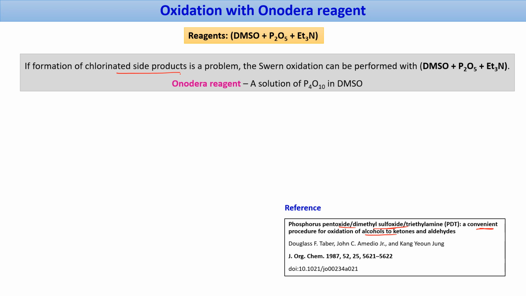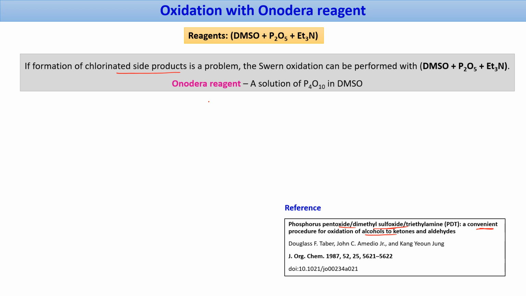In some of the previous methods, take Swern oxidation itself, we used oxalyl chloride, so there are chlorinated side products, and in another previous reaction also, NCS, N-chlorosuccinimide. So if we do not want to use a chlorinated reagent or have the side product generation problem, we can use this method.